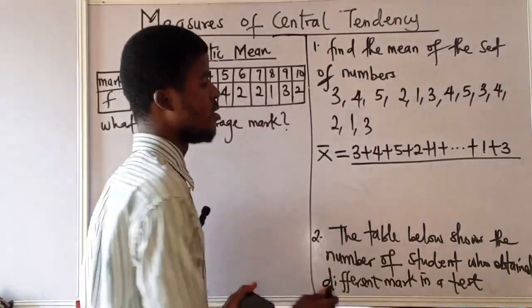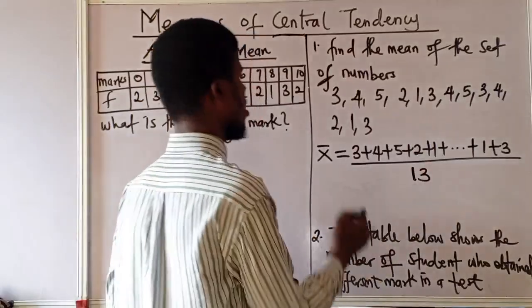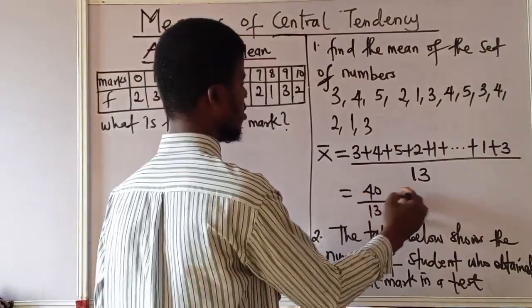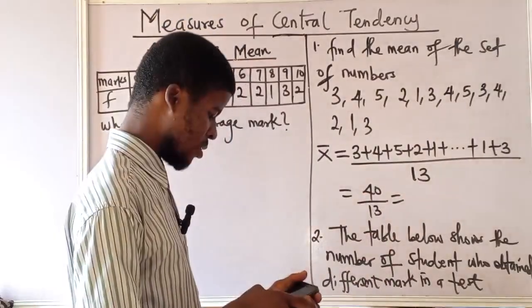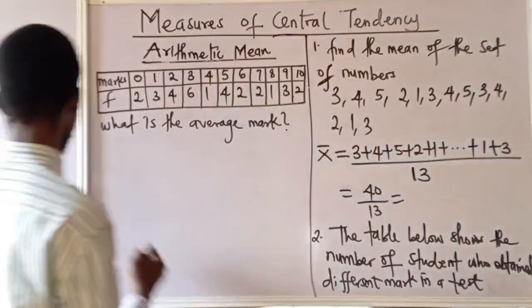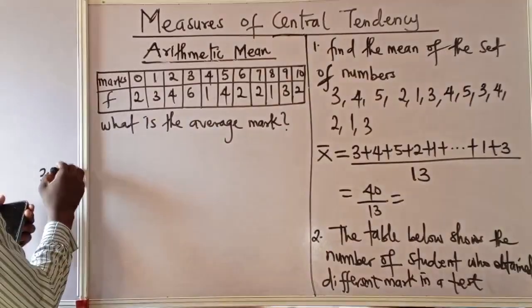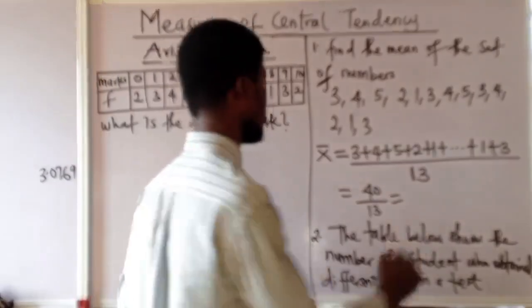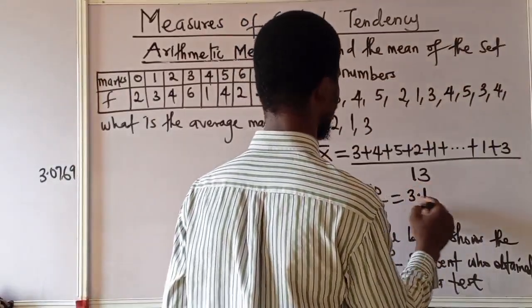There are 13 numbers here. If I add all the numbers together, I will get 40 divided by 13. That's 3.0769. So to one decimal place, it will be 3.1.